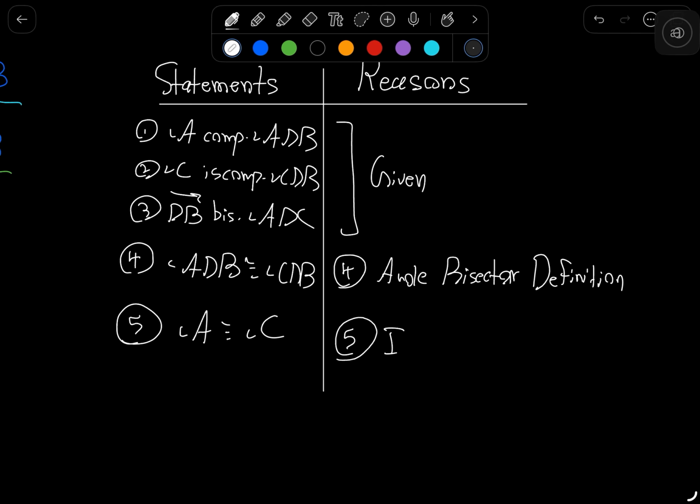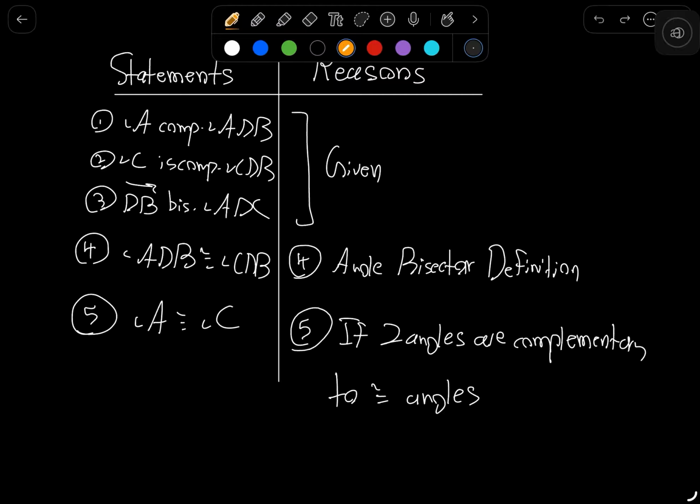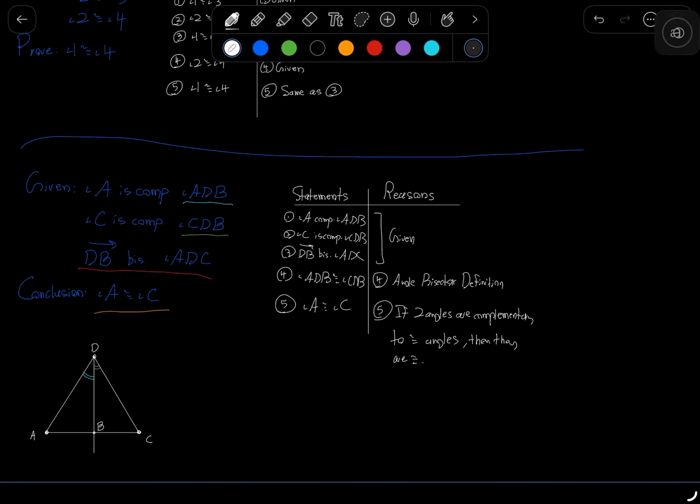If two angles are complementary to congruent angles, so in this case, angle A and angle C are complementary to those two angles, which are congruent. If two angles are complementary to congruent angles, then they are congruent. And that's all you got to do.